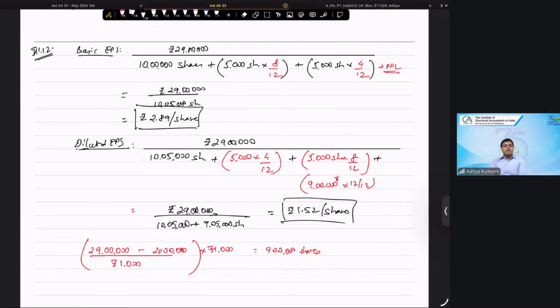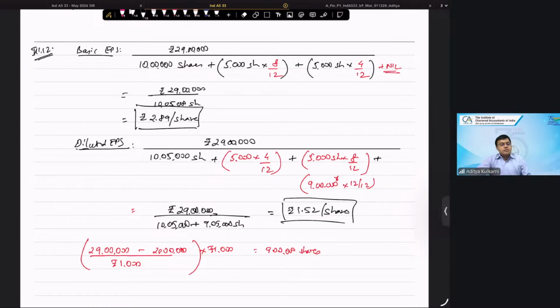So each quarter will be treated as a separate reportable period. Accordingly, you do the basic and the diluted EPS calculation. Are you okay with this? Any doubts? Clear, sir. Swaminathan, Karthik, Shailendra? Yes, no doubts.